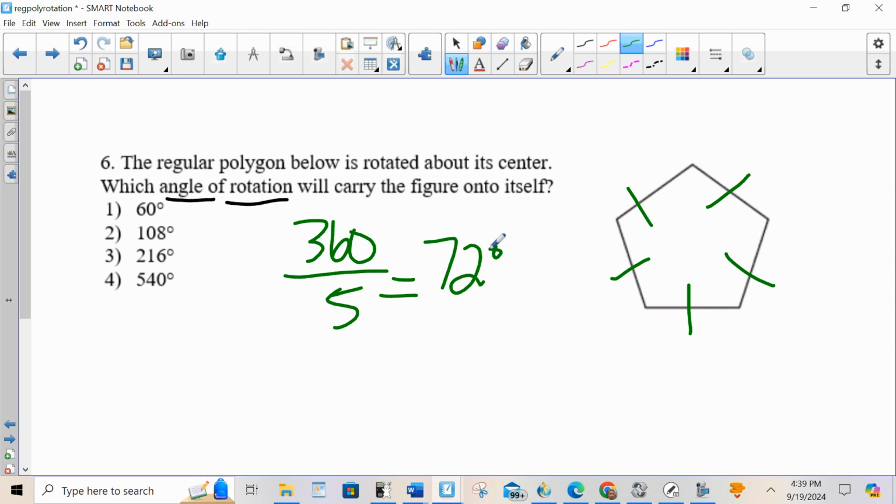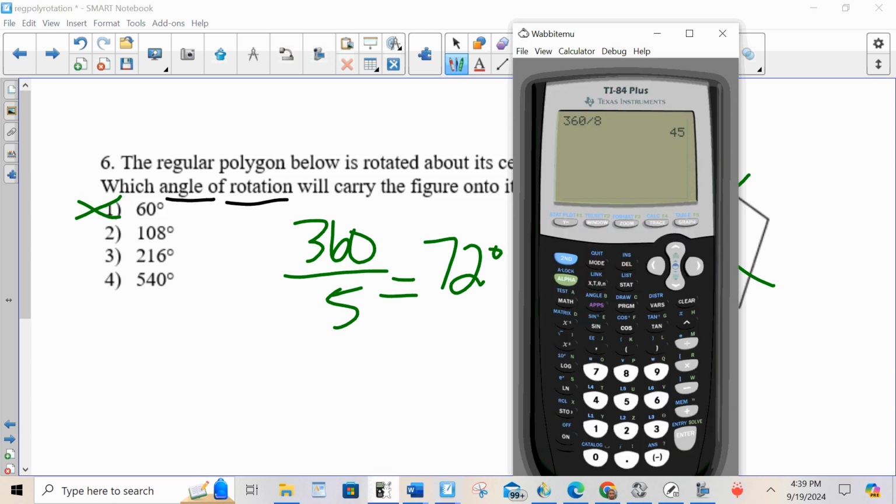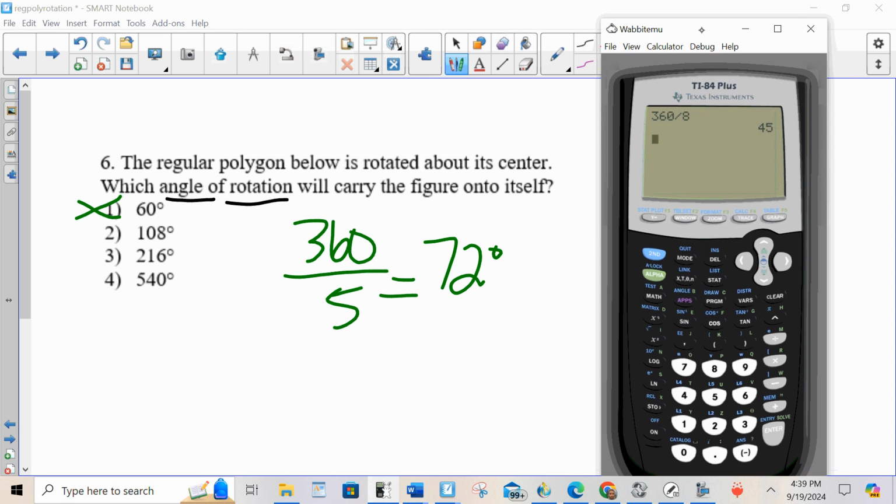That's not there. Well, 72 is the minimum rotation. Any multiple of that will also map it onto itself. So 60 is not a multiple of 72. So the most efficient way to do this would be to take the remaining choices and divide them by 72, because I'm looking for a multiple of 72. Is 108 a multiple of 72?